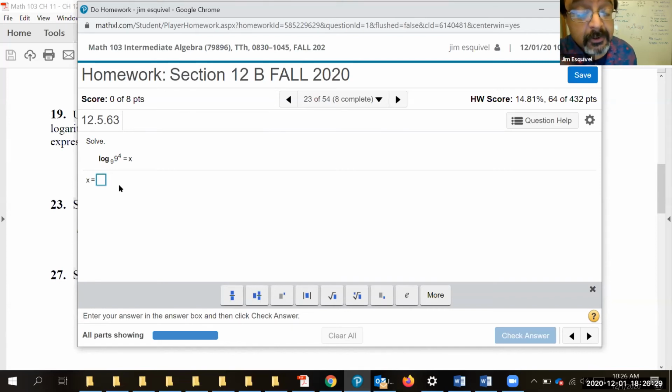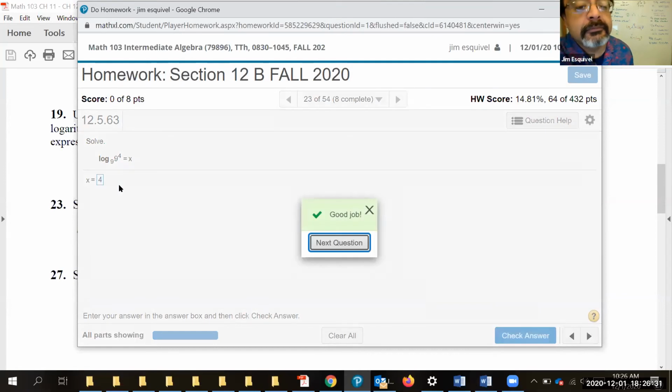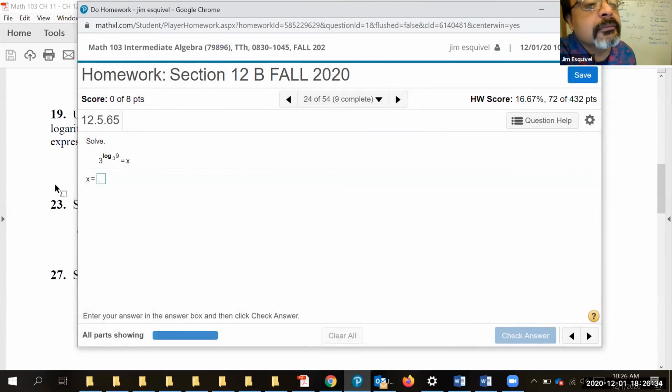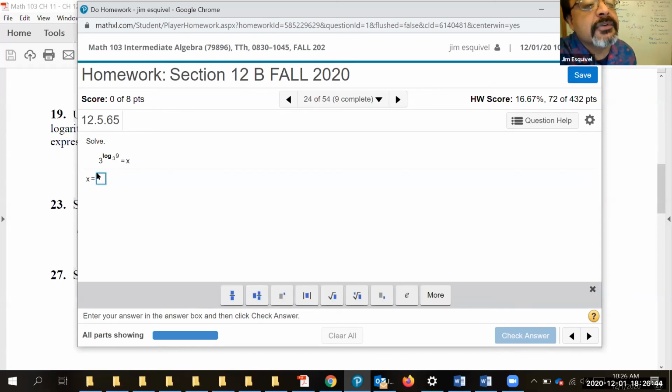That's 4. That's an exponent base 3 raised to a logarithm base 3 of 9. So since the bases are the same, the answer is just 9.